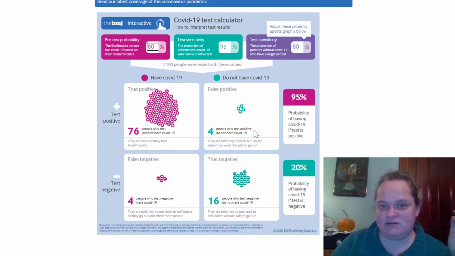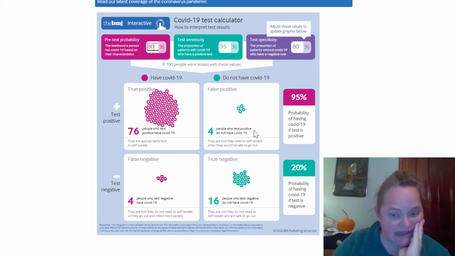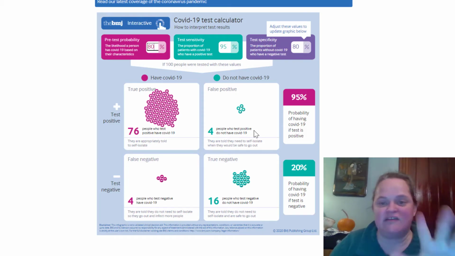So if you're testing for a rare disease, if there's no reason to believe you may have it from genetic reasons or something, you might be much more likely to have a false positive than you think. And one of the problems that we have is that doctors, yes, doctors are numerate, but this is not specific to doctors.